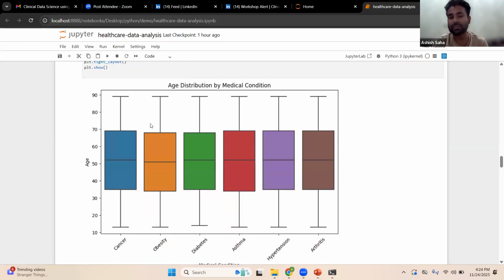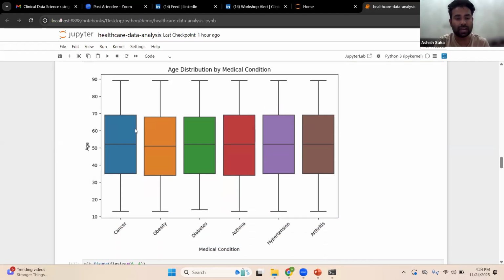Similarly, I'm trying to analyze, based on age, what type of disease a person has. This is called a box plot. I can see that most of the boxes are the same, which means that most of the people have the same type of diseases. This is the 25%, this is the 50%, and this is the 75%.